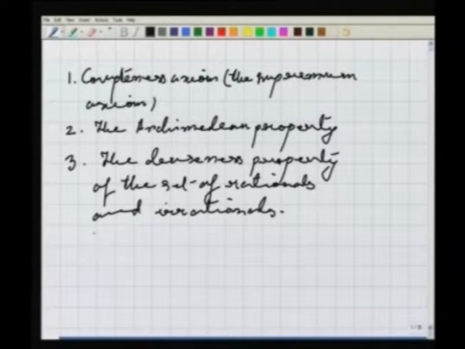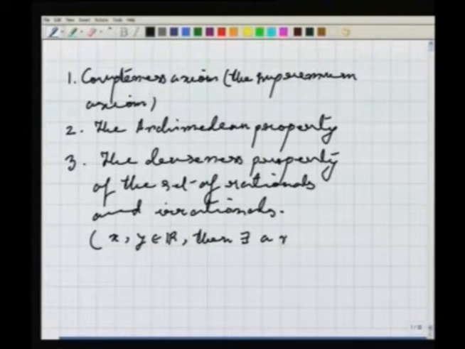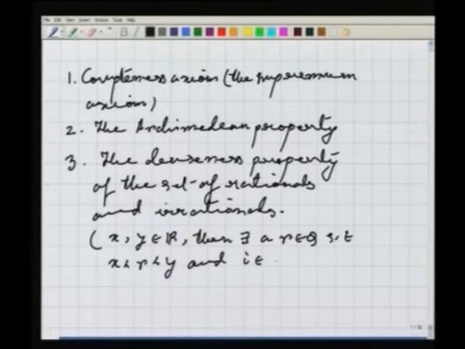And here the denseness means that if I have two real numbers x and y, then there exists a rational R such that x is strictly less than R, strictly less than y, and an irrational I such that x is strictly less than I, strictly less than y.